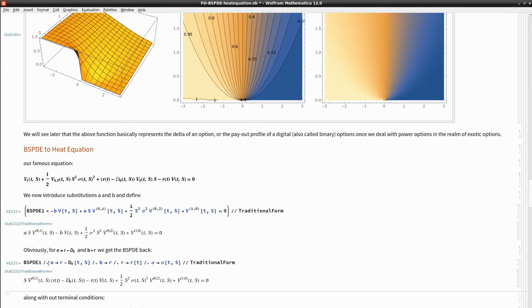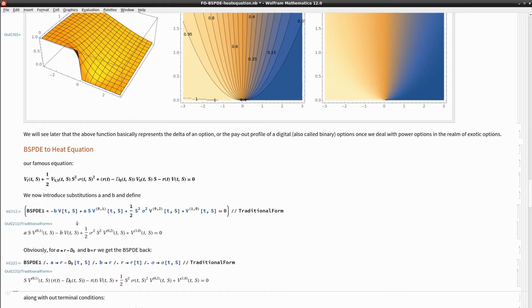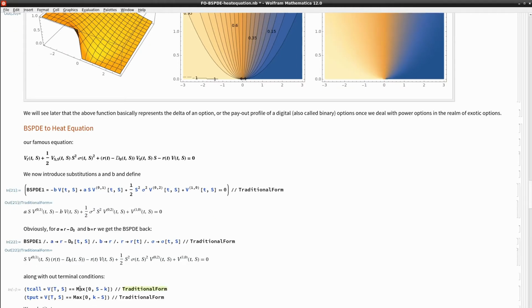If we are making these substitutions on BSPDE, A becomes the interest rate minus the dividend rate, and B becomes r, and r becomes a function of time, and sigma becomes a function of time and stock price again, then we're getting our Black-Scholes PDE back, right? But for now, these A and B substitutions make it easier for us. And we also define symbols, terminal call and terminal put, for our terminal conditions. We store them away in tcall and tput.